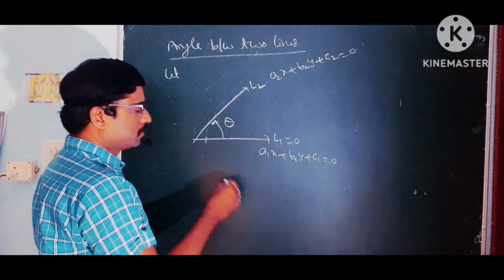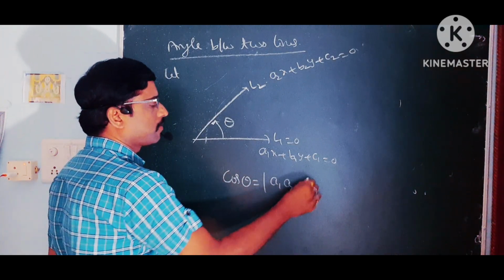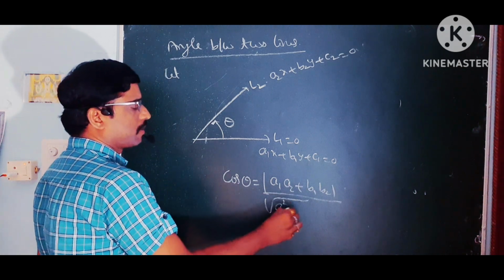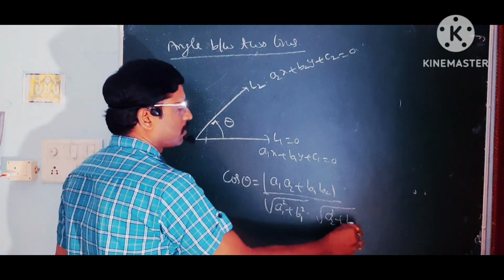Now cos theta is equal to modulus of A1 A2 plus B1 B2 by root under A1 square plus B1 square into root under A2 square plus B2 square.